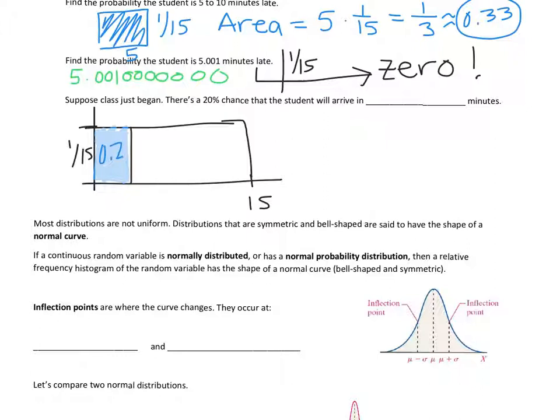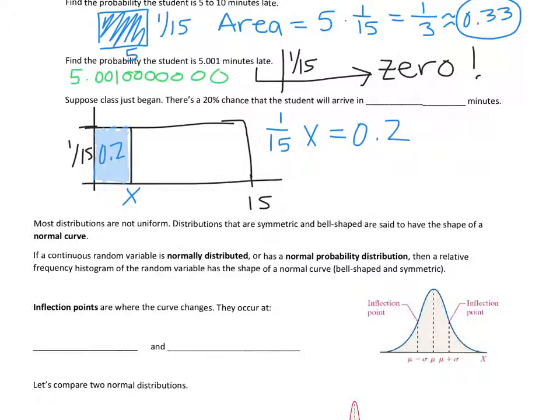All right, since class just began, it starts at 0. And we want to know what that minute is, what X represents as a minute. So there's a 20% chance that the student will arrive in X many minutes. All right, well, we know 0.2 is the area. So base times the height is equal to the area of that rectangle.